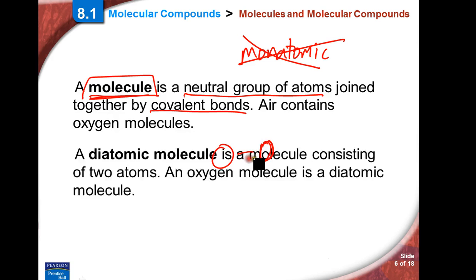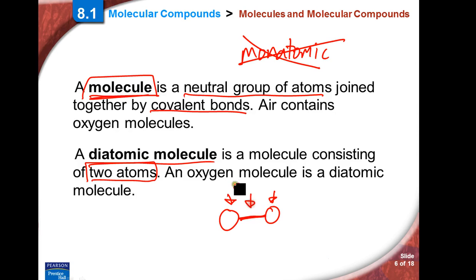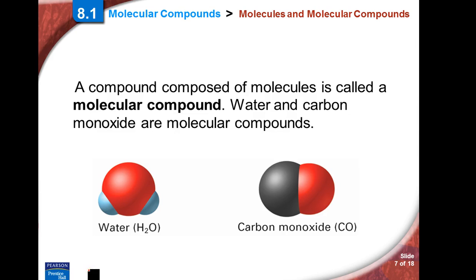It is what we call a diatomic molecule. Consists of two atoms. Oxygen molecule is a diatomic molecule. So, if I draw my two oxygens here, they're connected by some kind of bond, okay? Connects these two oxygen atoms together into a diatomic molecule, which is connected by a covalent bond.